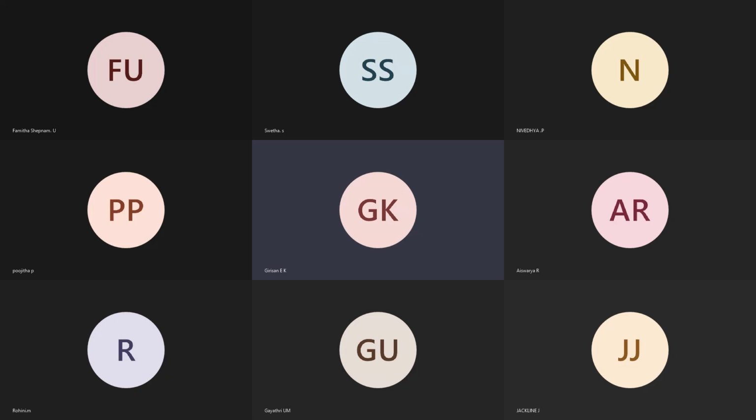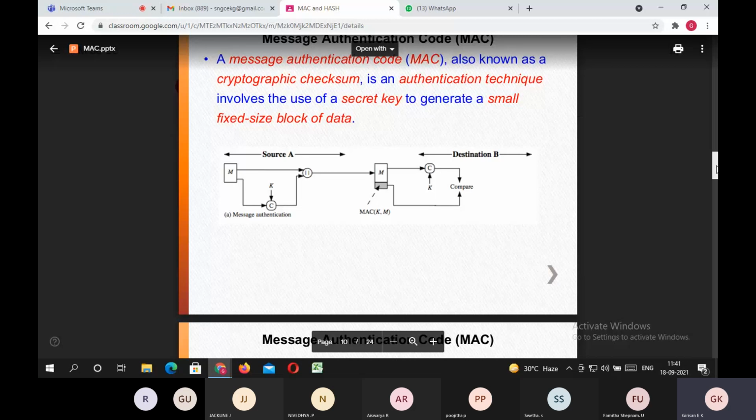So MAC is also known as a cryptographic checksum. It is one of the ways to provide authentication in a network where we transfer data and we implement the concept of signatures. How MAC is calculated: on the original message, or we can call it the plain text, we compute the MAC code, that is message authentication code, as MAC = C_K(M).